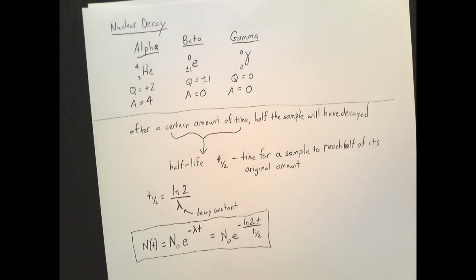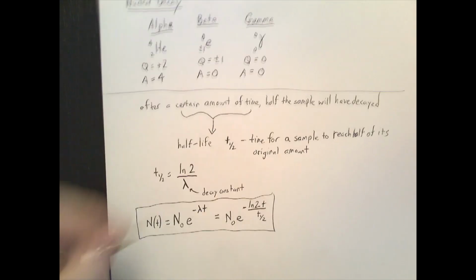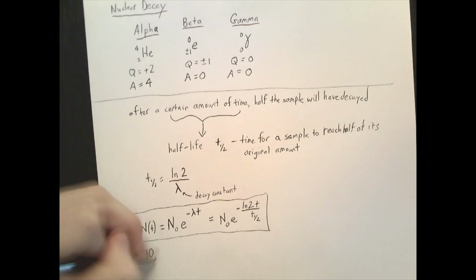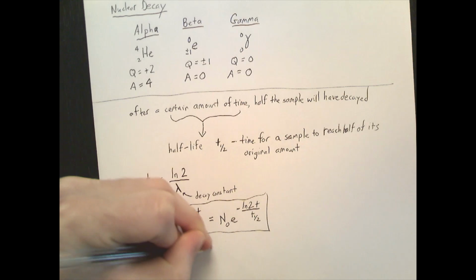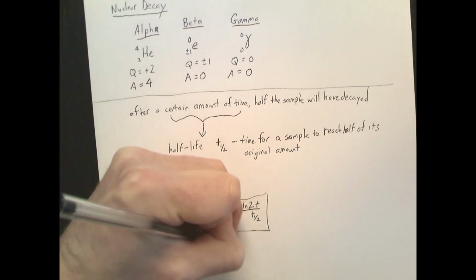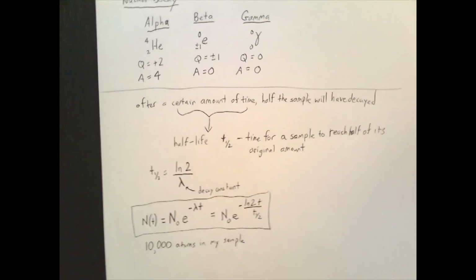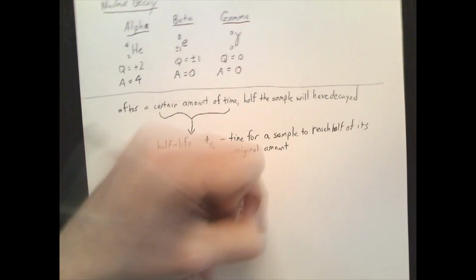I think very rarely on the AP exam would they ask you to solve for the exact number of particles, but you can use this idea of a half-life to get to a rough estimate. So for example, if I start out with 10,000 atoms in my sample, and we're told that we have a half-life of about 5,700 years.